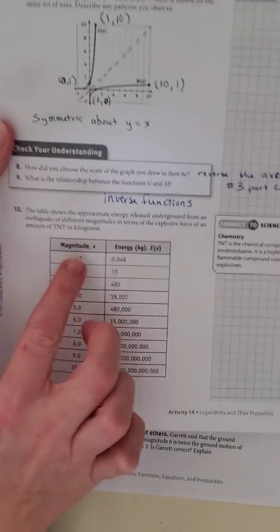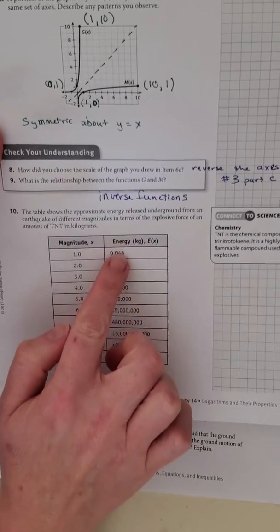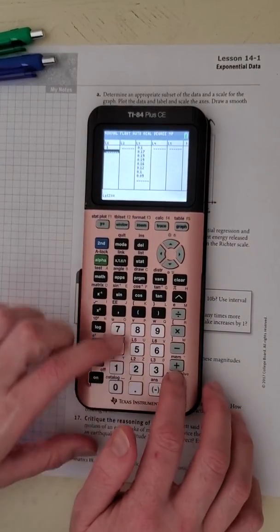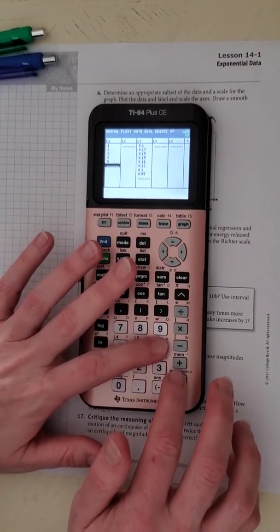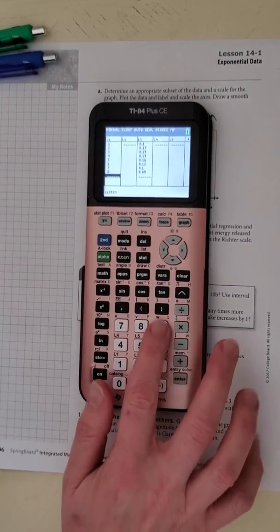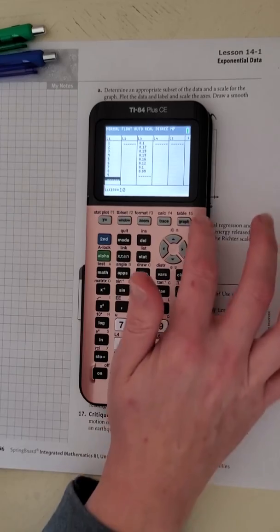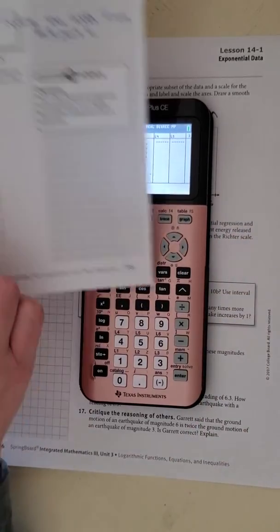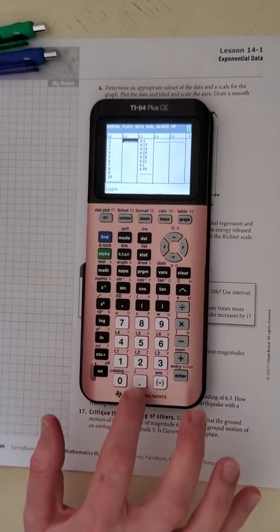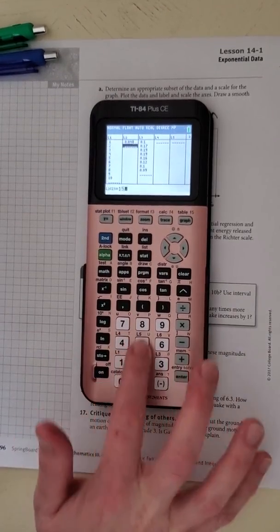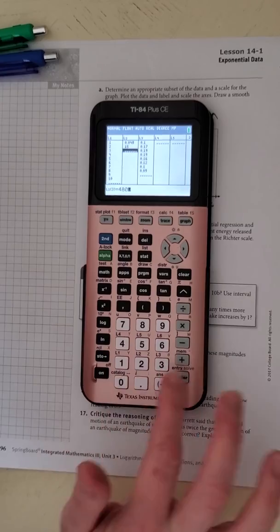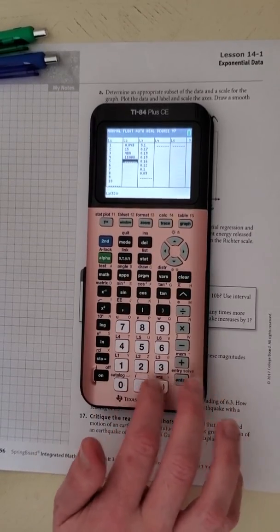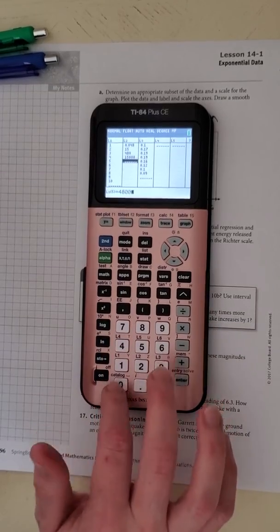So my x values, my magnitudes, are going to go in list 1, and then my y values are going to go in list 2. So 1, 2, 3, 4, 5, 6, 7, 8, 9, and 10. And then my y values are going to be 0.048, 15, 480, 15,000, 480,000.